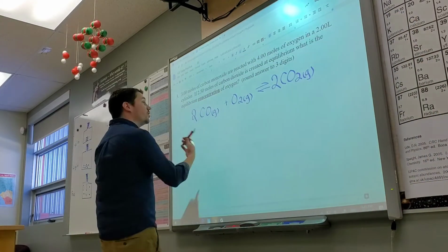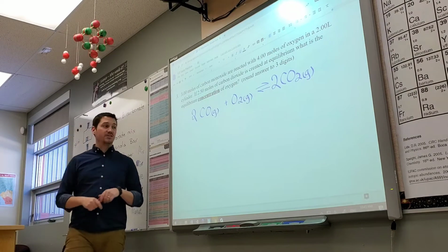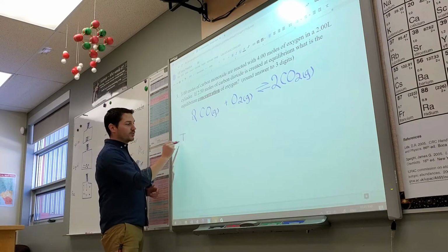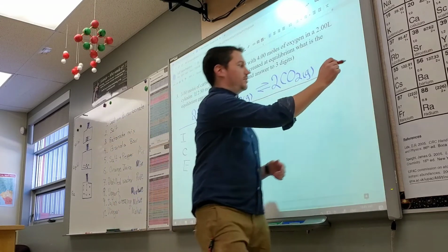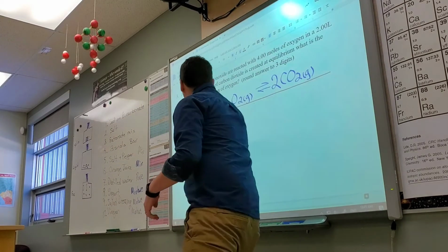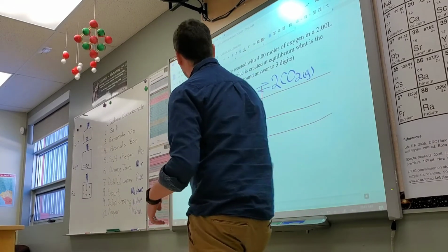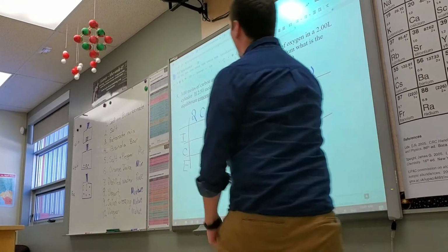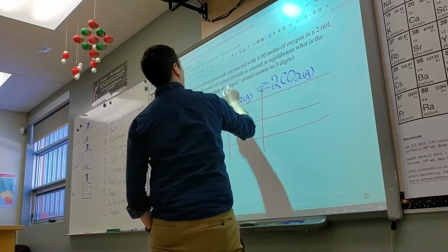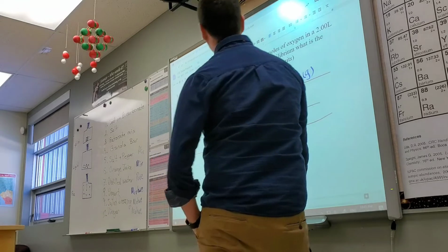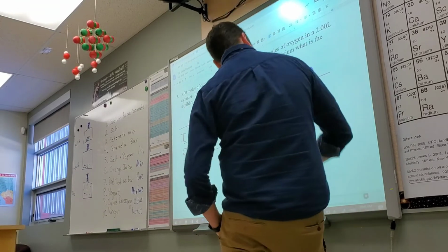And it says it wants us to do something, initial something, equilibrium. So we will put ice, ice, baby. Three moles of carbon monoxide, 4 moles of oxygen, and 2.5 moles of carbon dioxide.